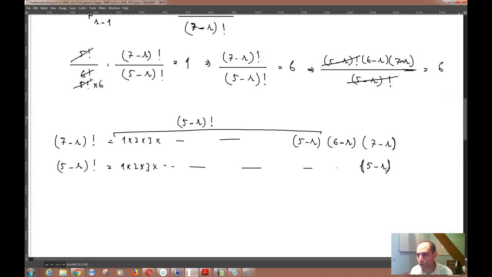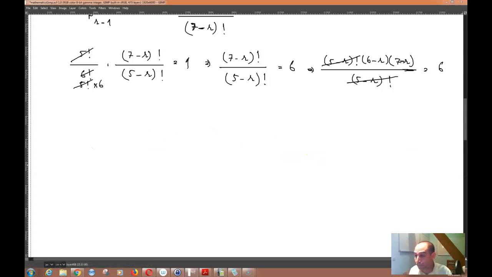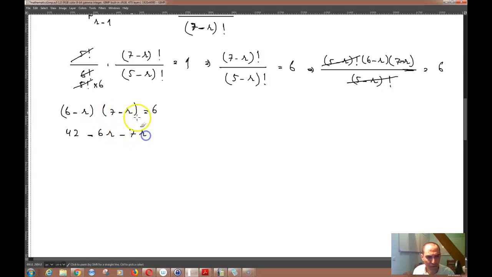Then I can simplify these two, and now I can write 6 minus r times 7 minus r is equal to 6. Now there might be, no, there is no way to do that. So 6 times 7 is equal to 42, and negative 6r, negative 7r, and r squared is equal to 6.